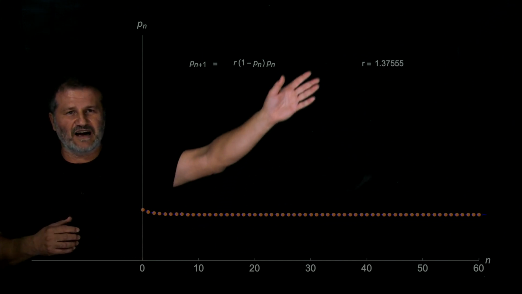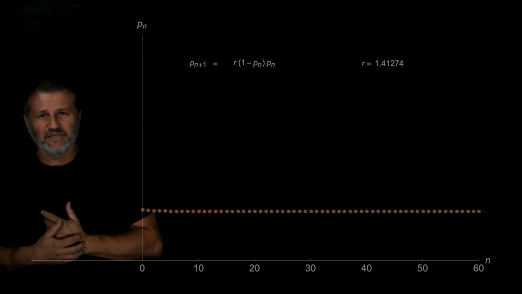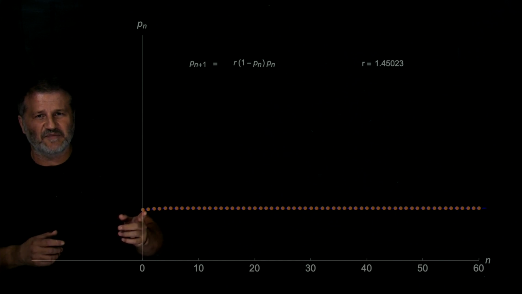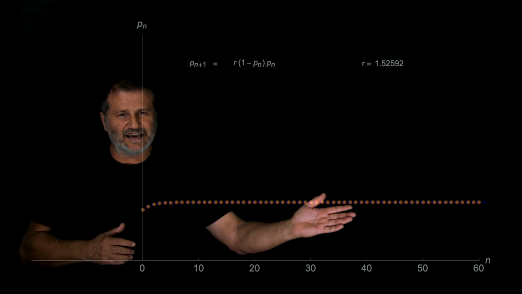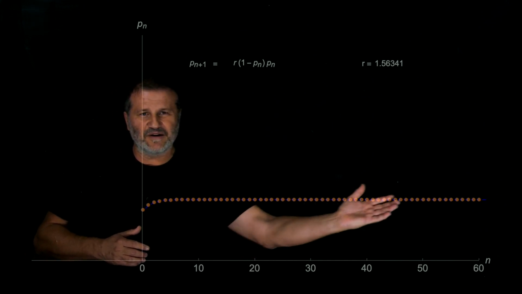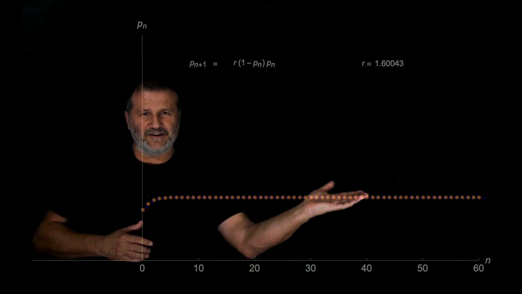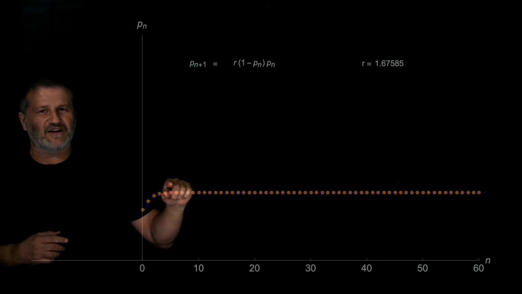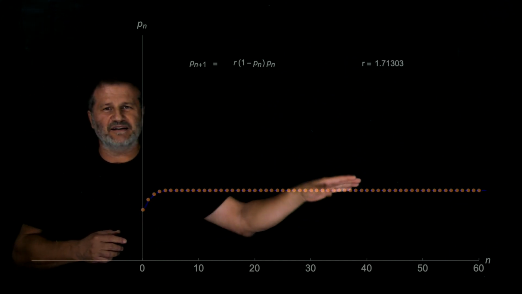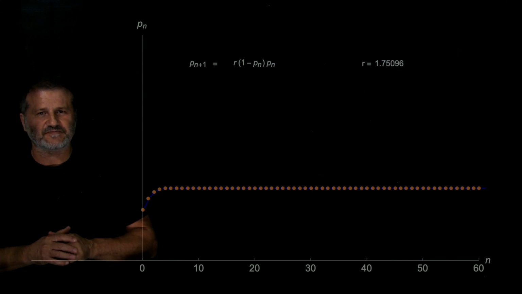And as soon as r increases more and more, as you can see, the behavior of this sequence changes because it is as if the long-time level grows, and so at a certain point the sequence of P_n will become an increasing sequence.